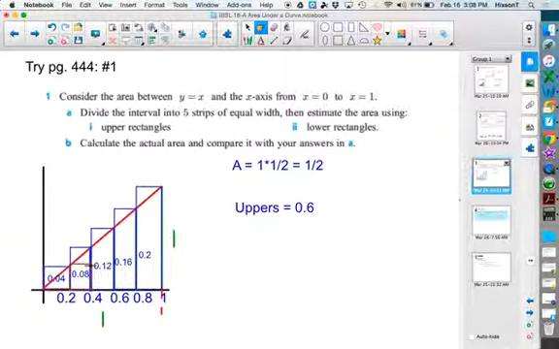Thank you. Can you make the assumption that the lower is going to give you 0.4 or no? No, fine. Well, in this case, it does end up being 0.4, okay? That's why we're not going to run through all this. Here's the thing, guys. Since this is a straight line we're doing this with, when we do the lowers and the uppers, they are going to actually average out to exactly what the area is, okay?